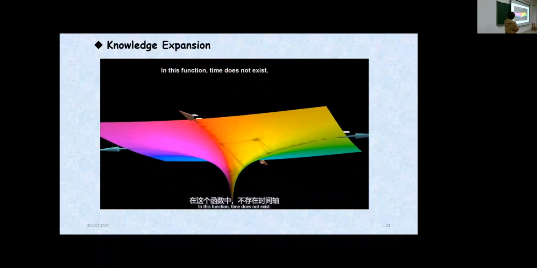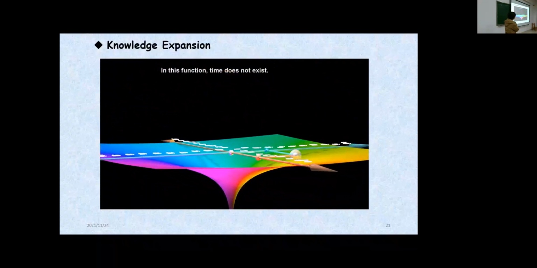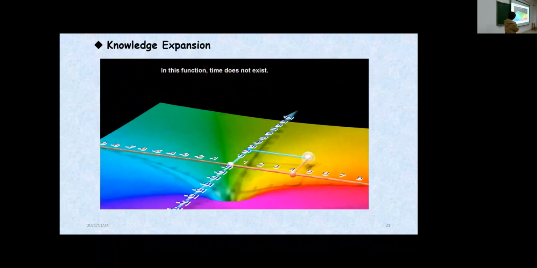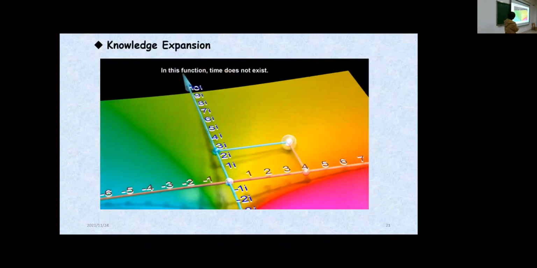In this function, time does not exist. The input to our function is a complex number with the real and imaginary values along the two axes.